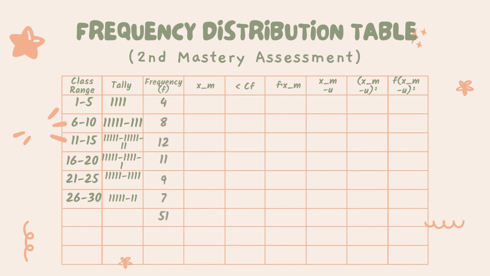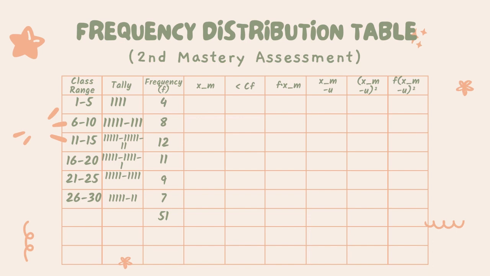In the third column, we have the same numbers as the second column, which is the frequency. And to determine the total number of frequencies, we must sum up all the numbers. It is a similar step to the first frequency distribution table. So the total number of frequencies is 51.